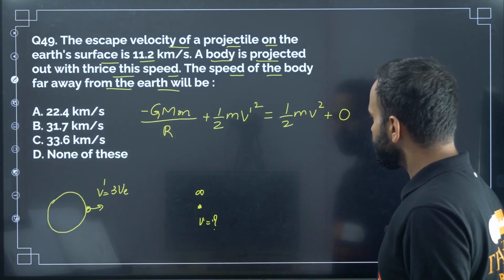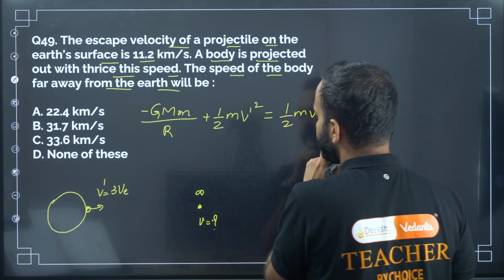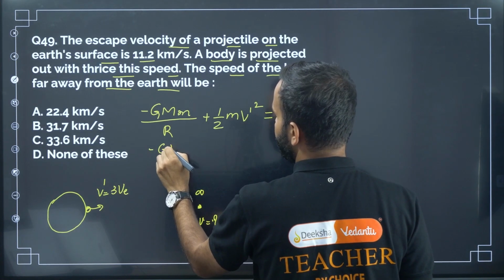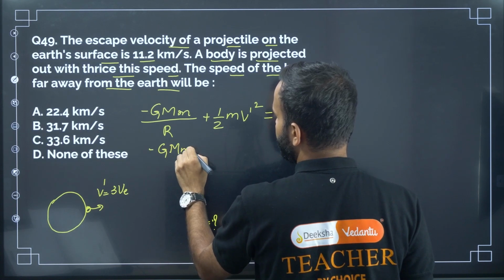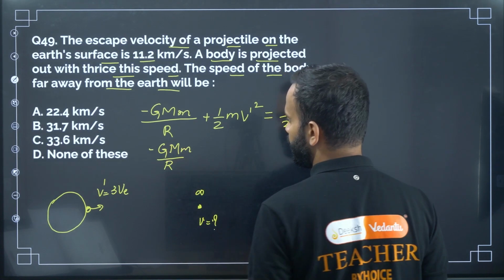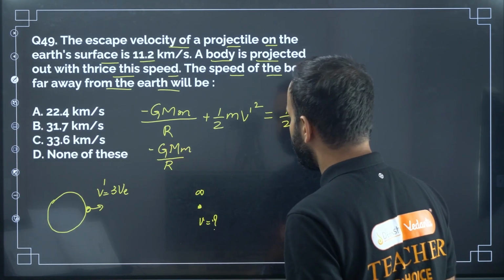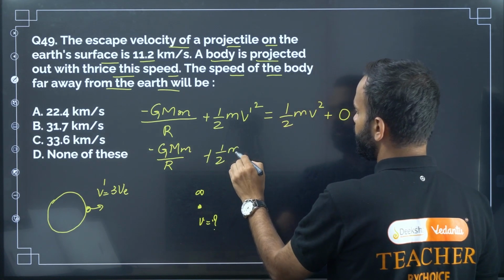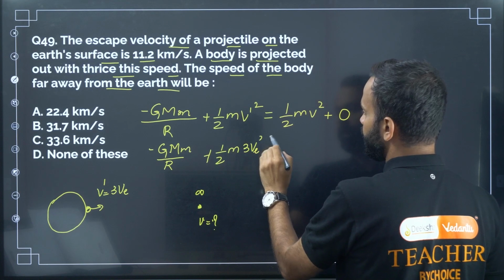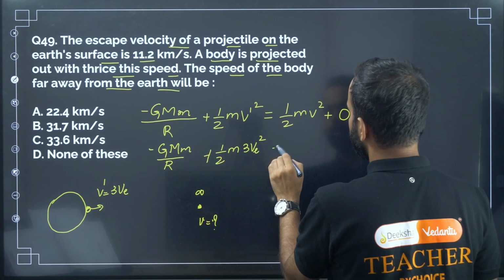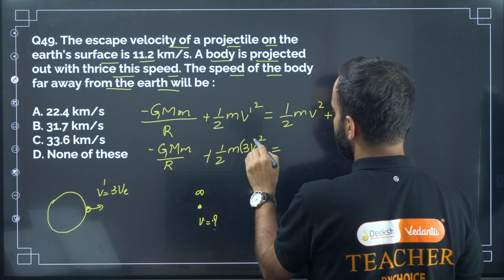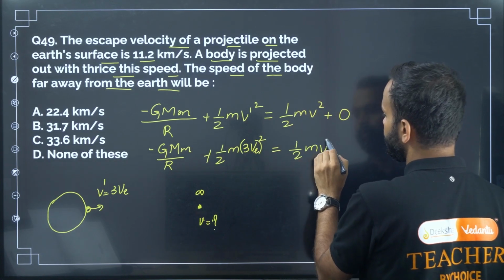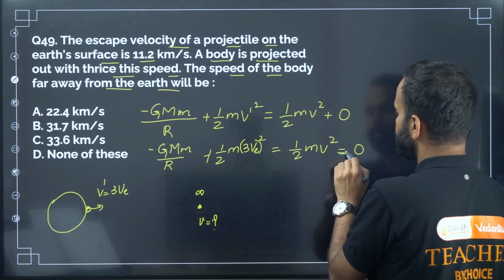Now, minus G M m divided by R plus half m into 3 times Ve square equal to half m into v square plus 0.